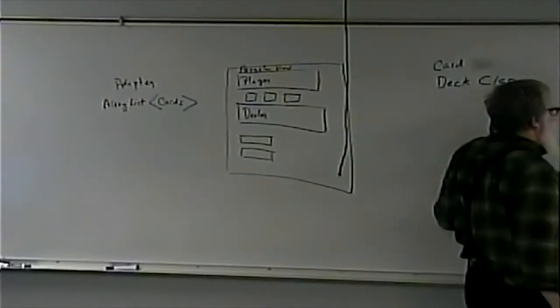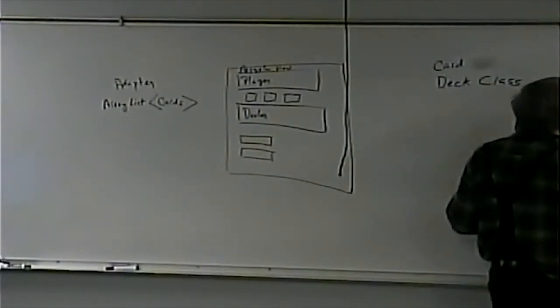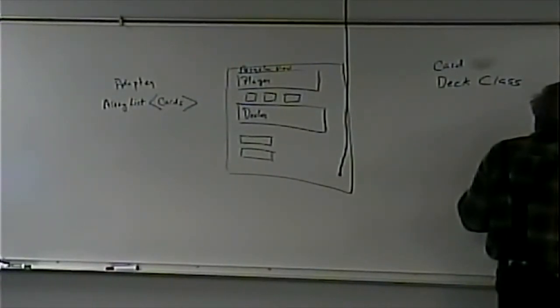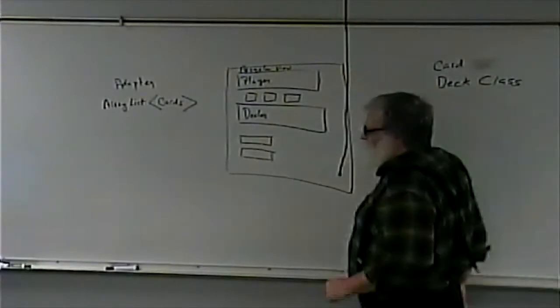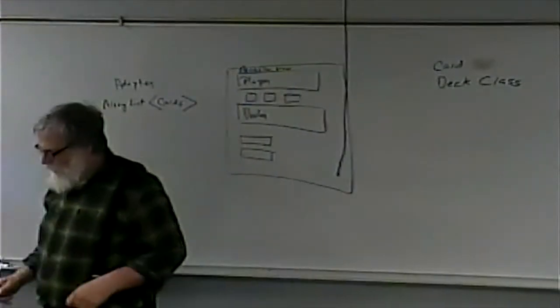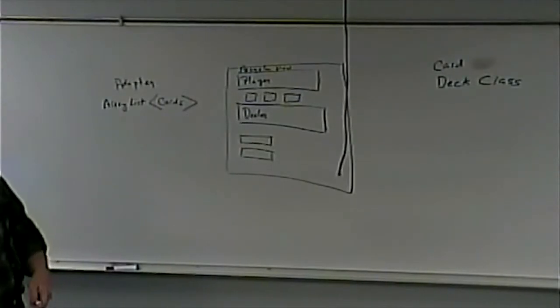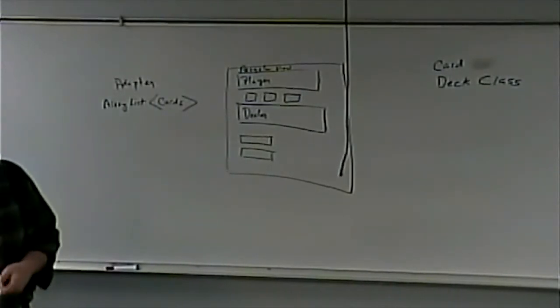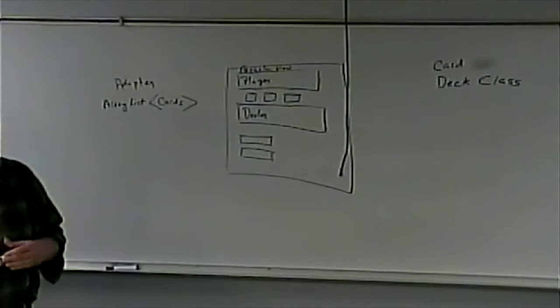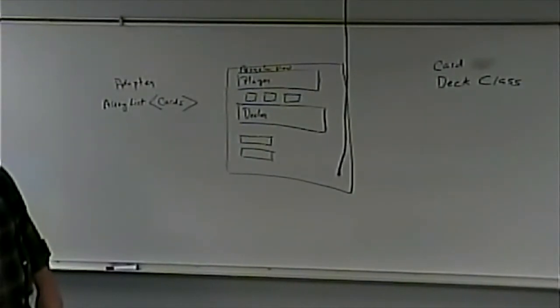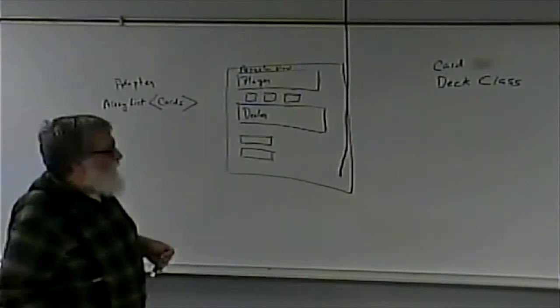All right. We're also going to need a function to score the hand. What is that function going to take as an argument? An array list of cards.